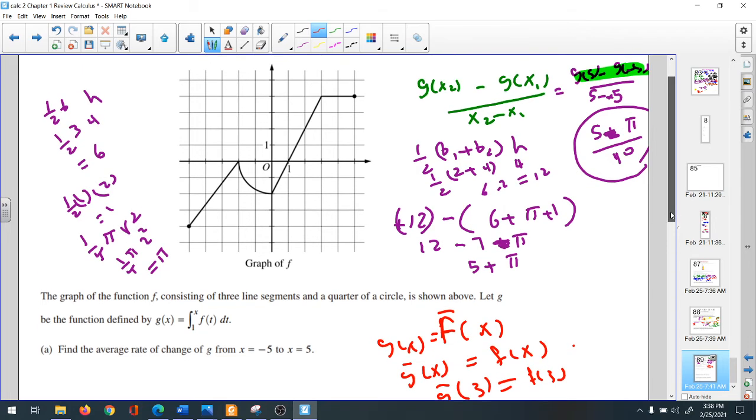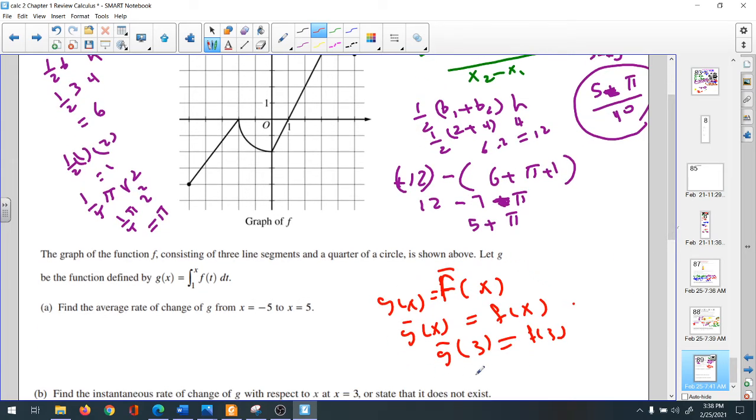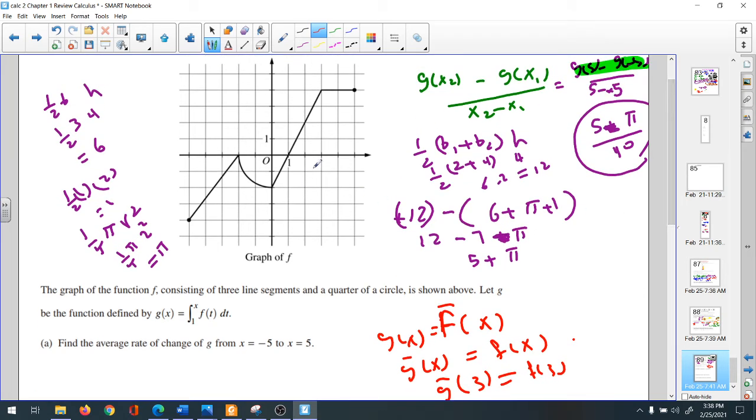All you have to do is recognize that, then go to the graph and look at 3: 1, 2, 3, go up to meet the graph and look at the value of y, which is 1, 2, 3, 4. It's 4. So the answer to this question is 4. That's what I need from you to do.